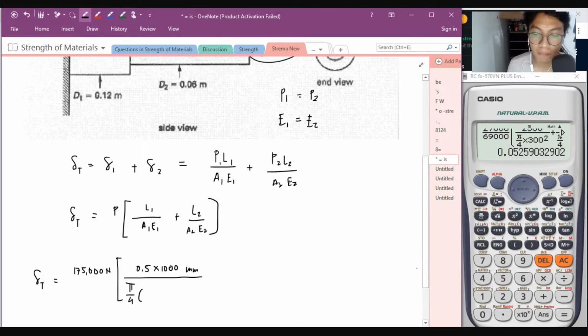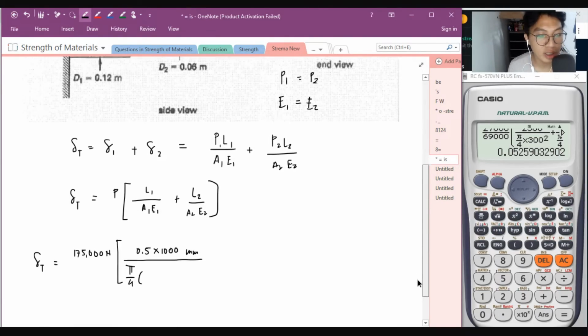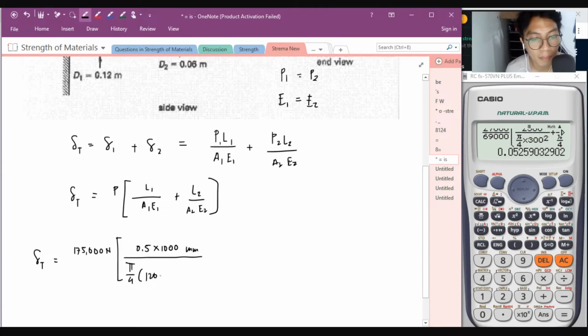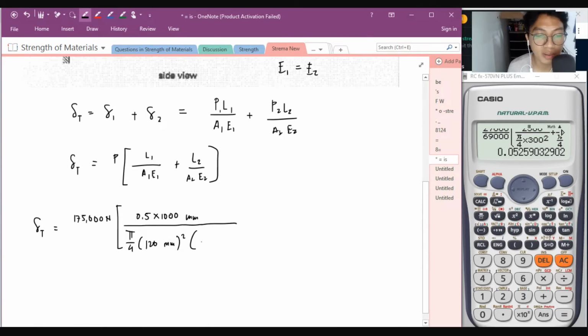Dito, ang binigay is 0.12 meter, so that is 120 millimeter squared natin. Times E. Ano ba yung E na binigay nung una? 70 GPa o 70,000 Newton per millimeter squared.